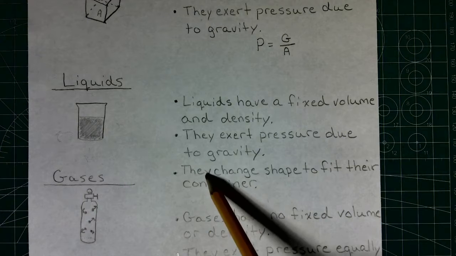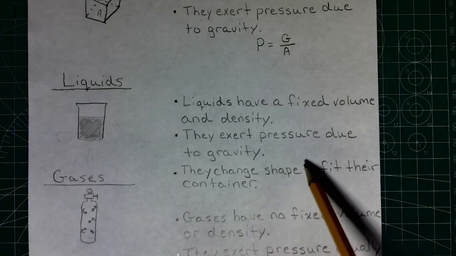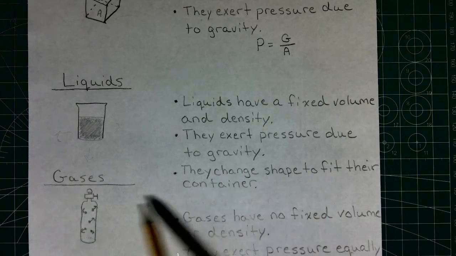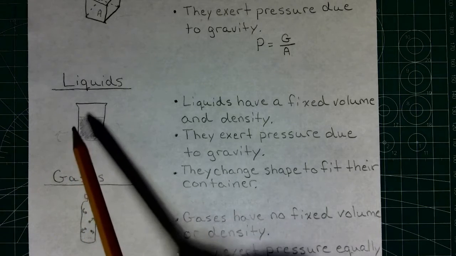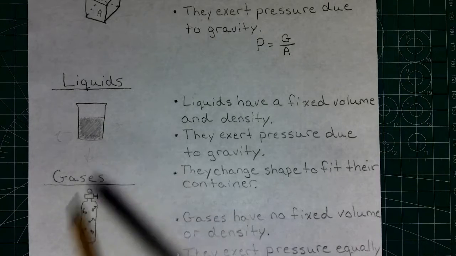Unlike solids, though, liquids are going to change their shape to fit their container. So when I pour this liquid into this container, it takes the shape of this container. If I pour it into a different container, it's going to take the shape of that container.